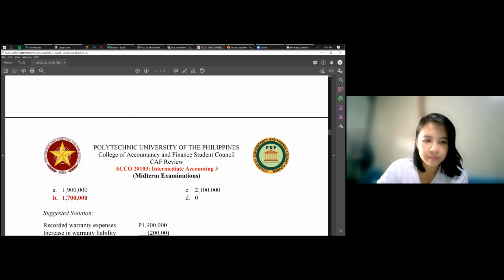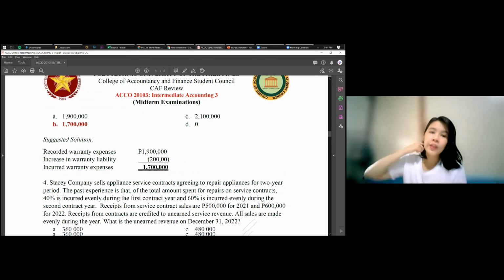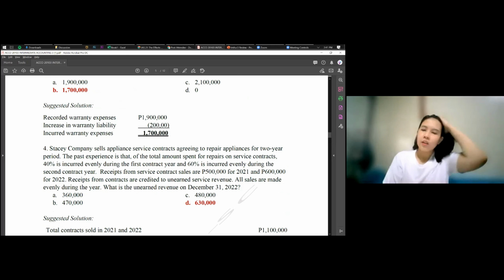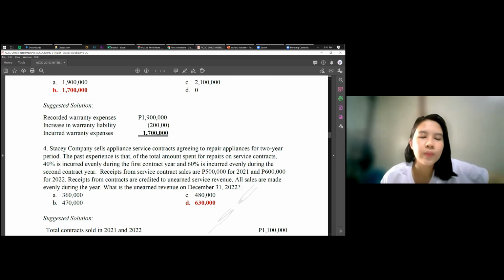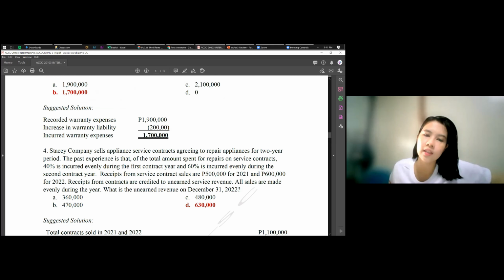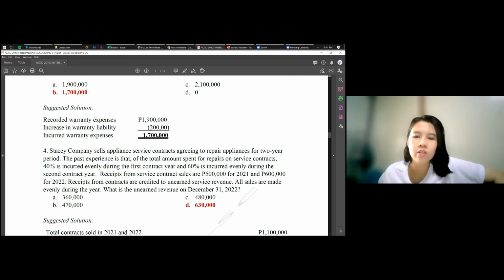Alright. So Stacy Company sells appliance service contracts agreeing to repair appliances for a 2-year period. Okay. Note that for 2 years. Okay. Yung period. So, based sa experience niya, yung total amount na nagagastos for repairs and service contracts is 40% during the first year and 60% during the second year.